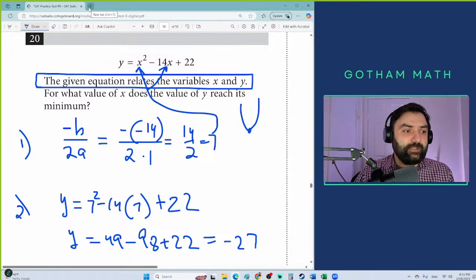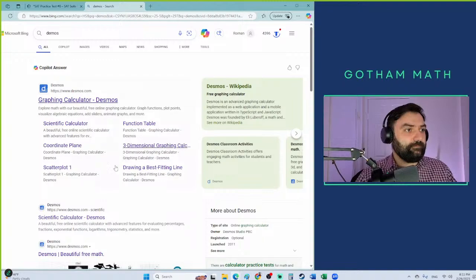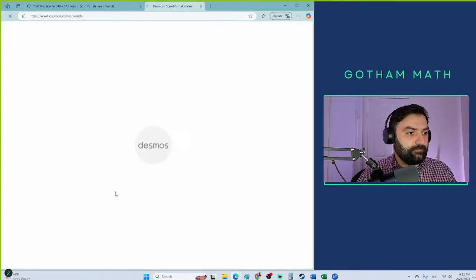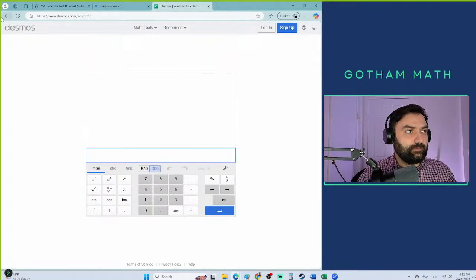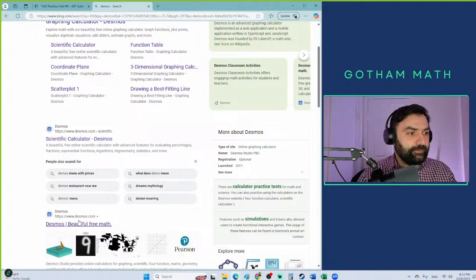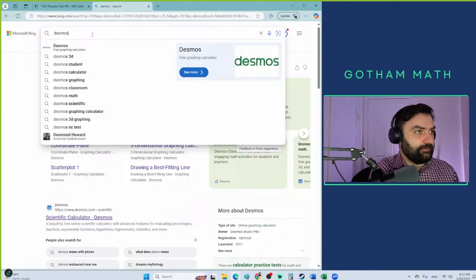All right, and this is it. That's the answer. Now, oh, what? No, that doesn't look like what we want. Where is the graphing part of it? I misspelled it a little.